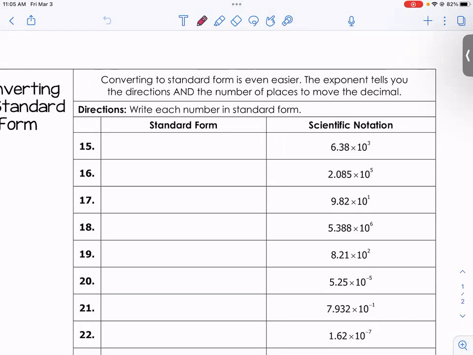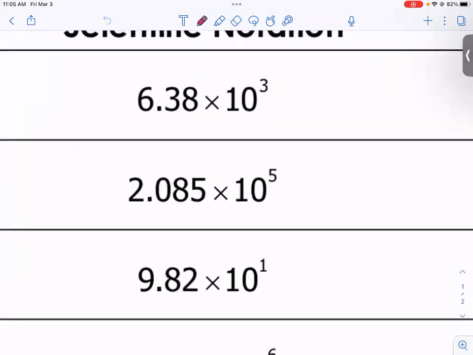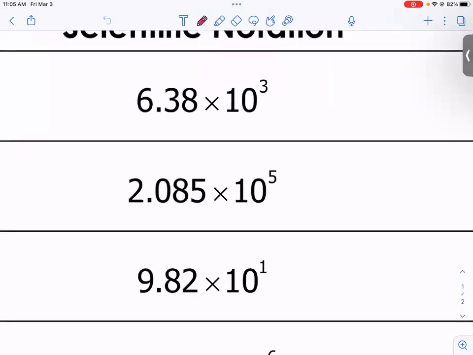Okay. Now, if we're going to write this in the standard form, so we're just writing a normal number, this exponent on 10 is telling us how many times to move the decimal place. Now, if my number has a positive exponent in scientific notation, that means our number is going to be pretty big.